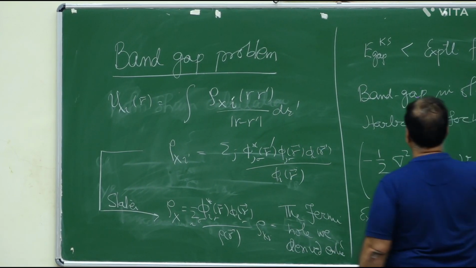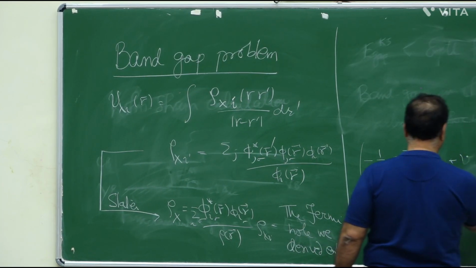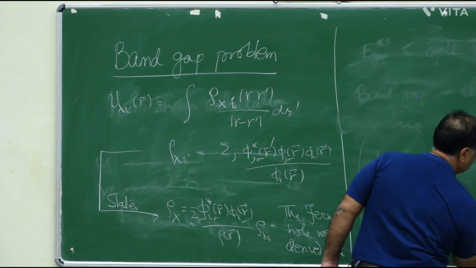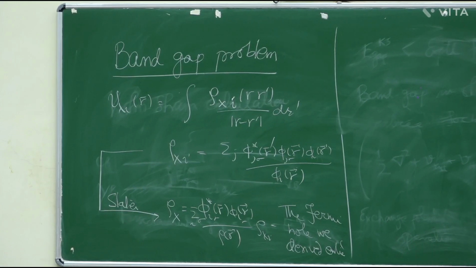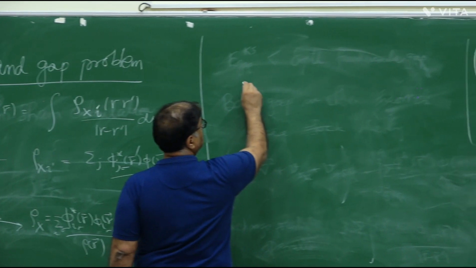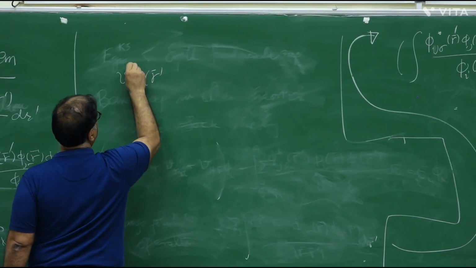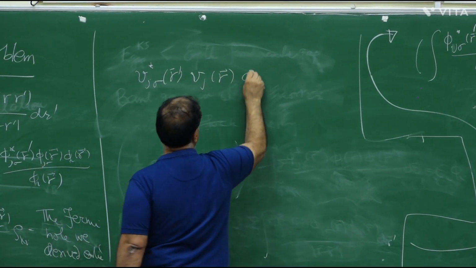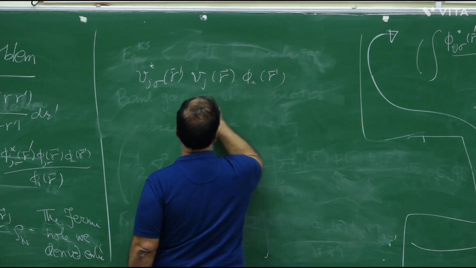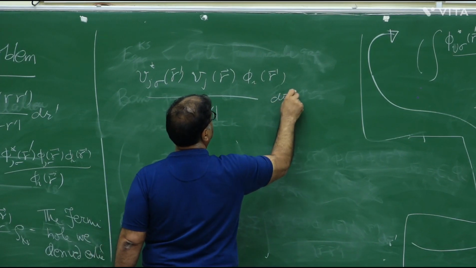The other way I can look at it is I've written V j sigma(r prime) star V j(r) phi i(r prime) over |r minus r prime| dr prime integral.